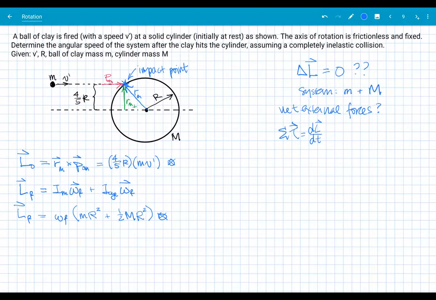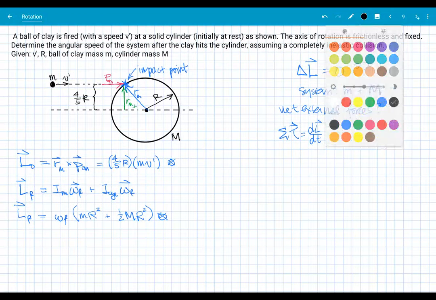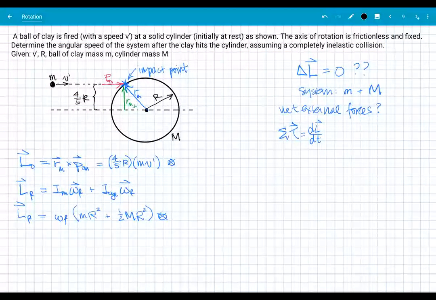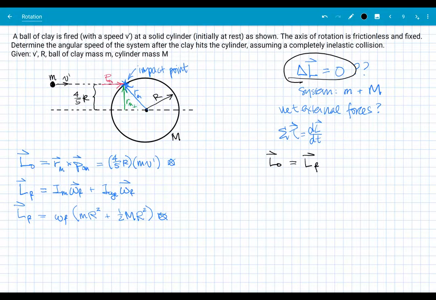So then all I will do at this point is just say, if I can say that change in angular momentum is equal to 0, then that helps me say that the initial is equal to the final angular momentum. They're the same direction, so we'll just go ahead and set their magnitudes equal then.